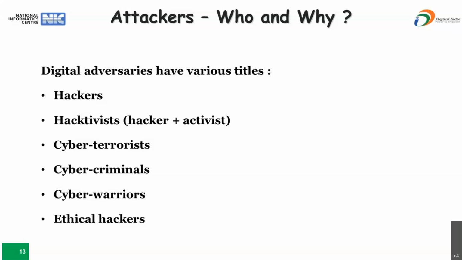These are some types of attackers. First is hackers, second hacktivists, third cyber terrorists, fourth cyber criminals, then cyber warriors, and ethical hackers. These are all the attackers that can be in these six forms.